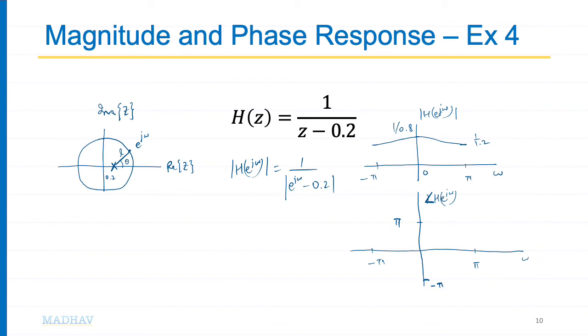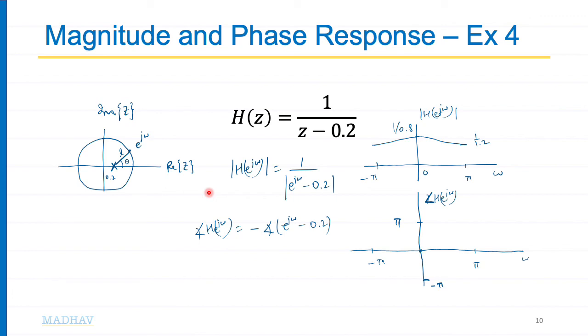And then what about the angle? Notice here that the angle of H of e to the power j omega is the negative of the angle of this line. My H of e to the power j omega angle is negative of theta, minus theta. So be careful here. Let's plot the endpoints first.